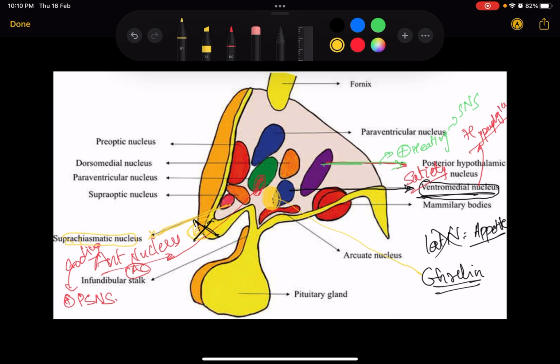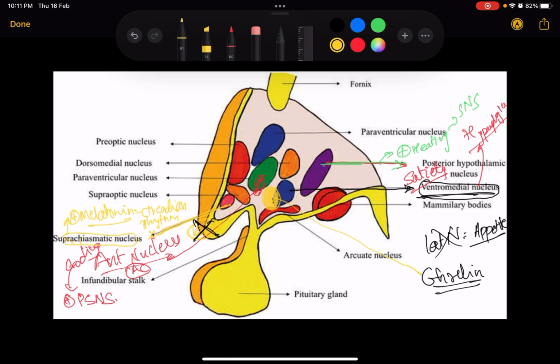It is associated with the release of hormones that maintain the circadian rhythm, such as melatonin. It does not actually release it, but it stimulates the release of melatonin and maintains the circadian rhythm.